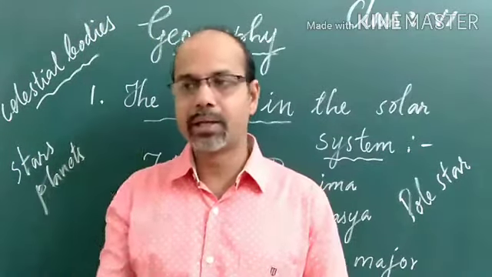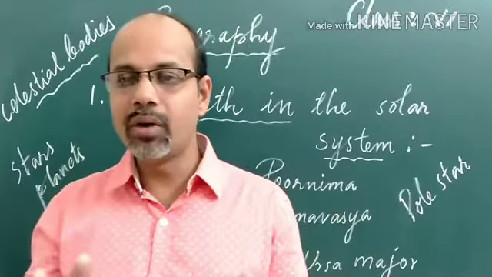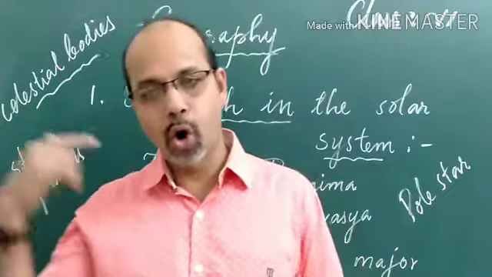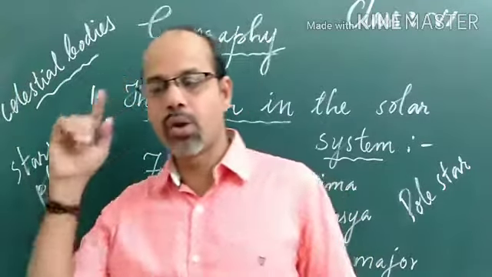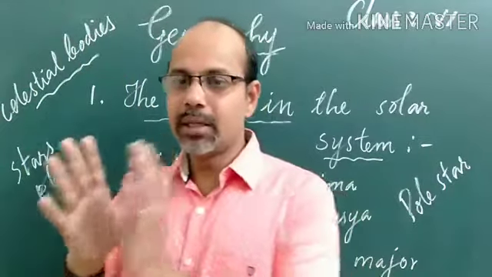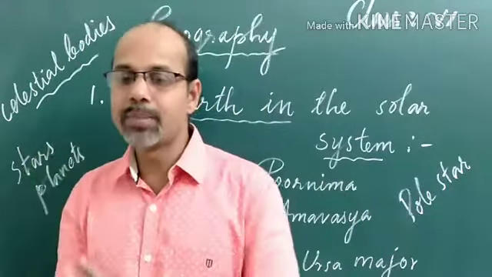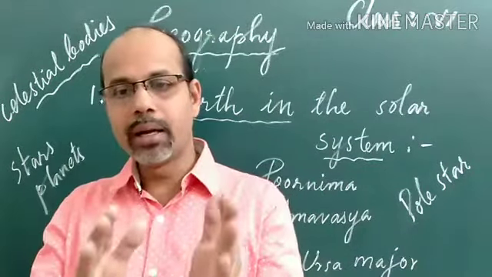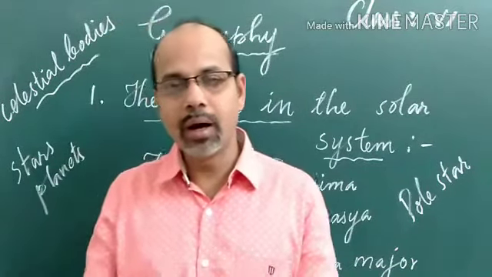The word planet comes from the Greek word planetai, which means a wanderer, which means roaming. We know that planets are roaming around or moving around. So the earth on which we live is a planet.